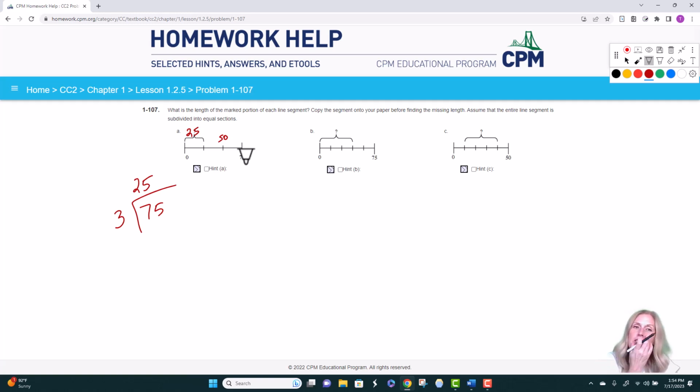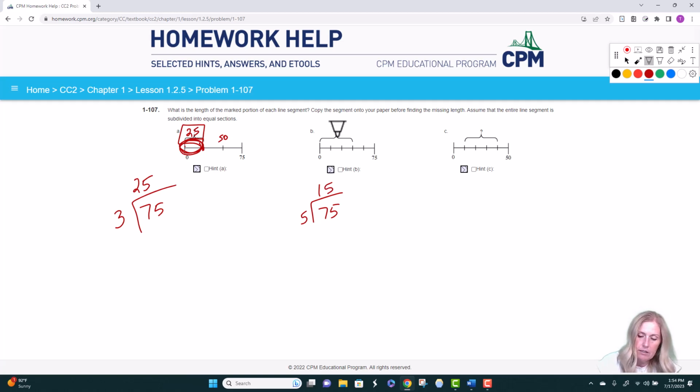If you added another 25 to 50, there it is, and it gives you 75. However, the question is only asking what is the value of this little length right here. From 0 to that first tick mark represents 25. So that is the answer for A. For B, 75 now is being divided into 1, 2, 3, 4, 5 equal parts. 75 divided by 5 is 15.